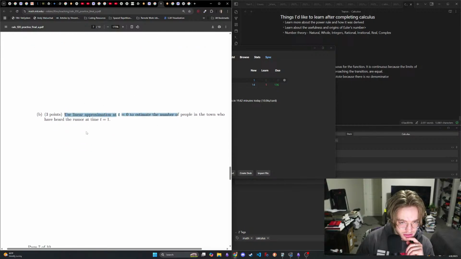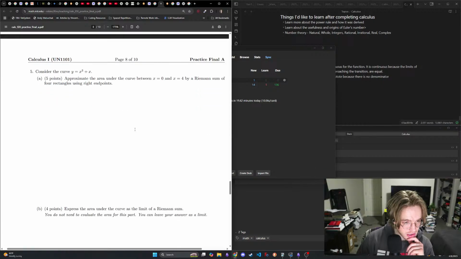Use the linear approximation. Okay. Consider the curve. Approximate the area of the curve. Okay, so I know what this means, but I'm not sure how to do it.